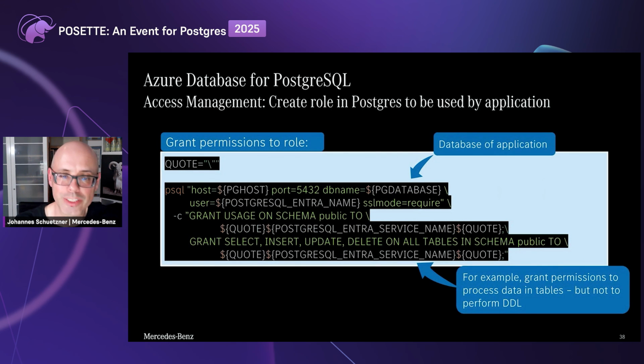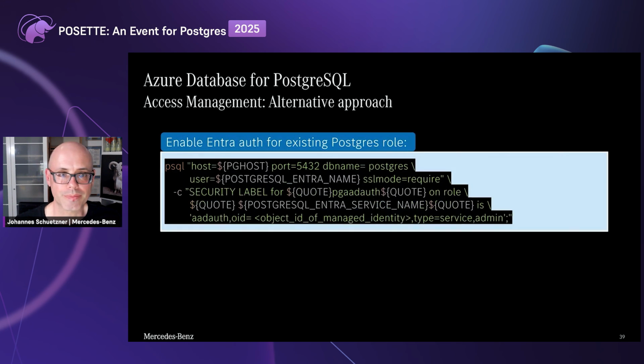Now since you have this role in Postgres, you can grant the permissions that you would like it to have, like grant usage on schema public, or grant all the DML statements like select, insert, update. That's fine if we grant these permissions, but no DDL operations should be allowed, so we will only grant the DML statements.